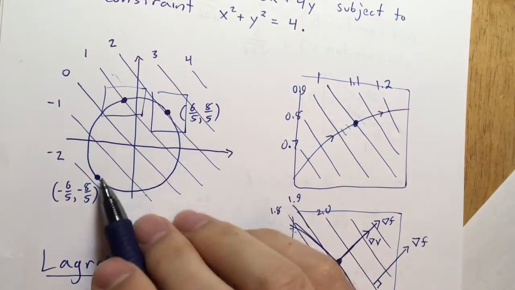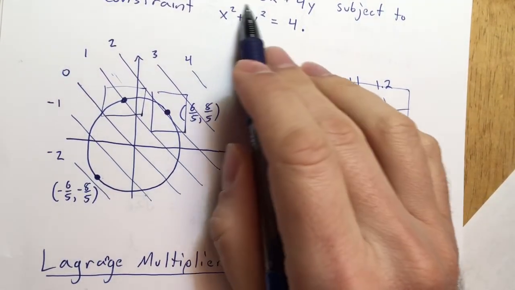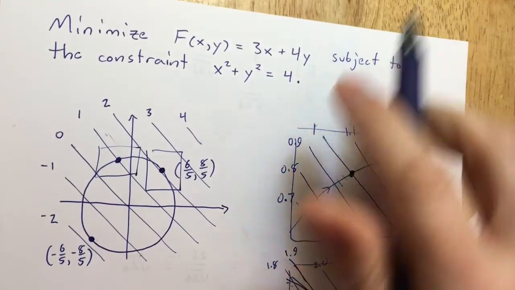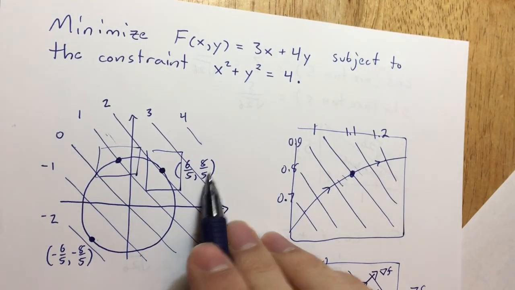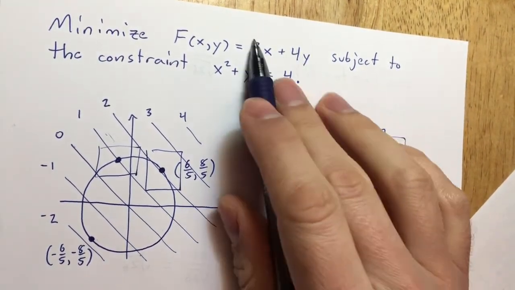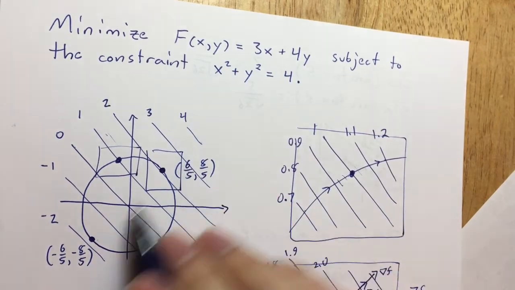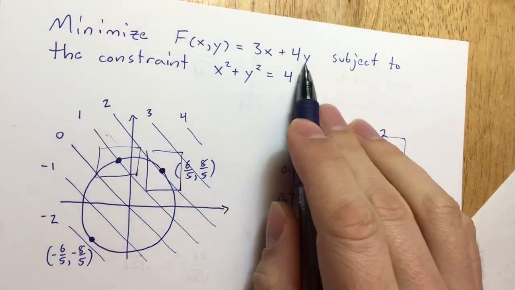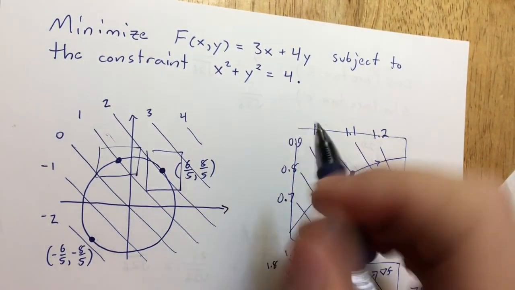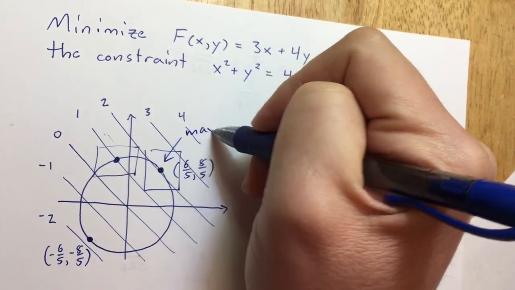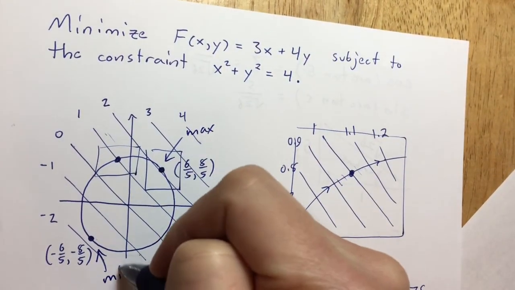To find out if it's a maximum or minimum, really you have to plug these into the original function. So we should look at this original function. If you plug these numbers in, you see that this is a relatively large value, whereas if you plug these things in, it's the negative of that. So the maximum occurs here, and the minimum occurs here.